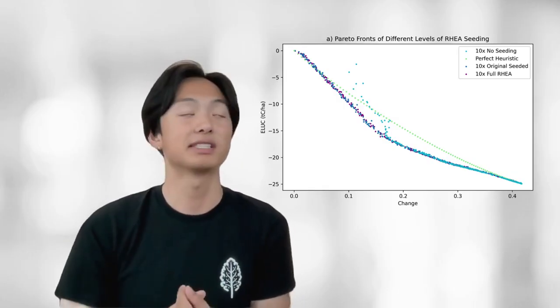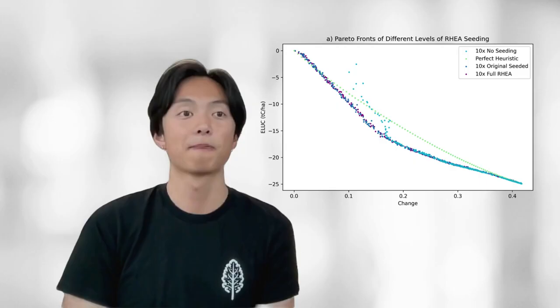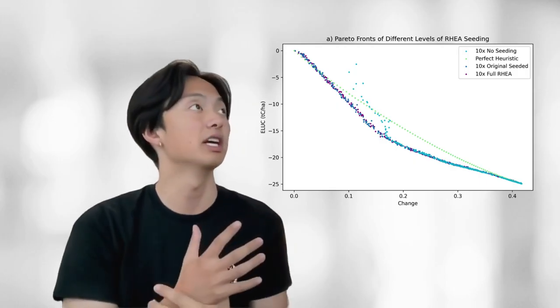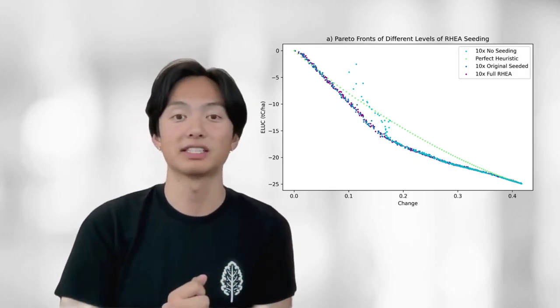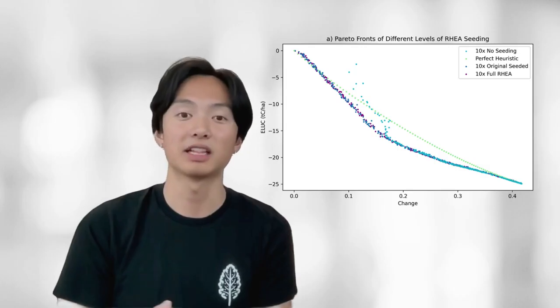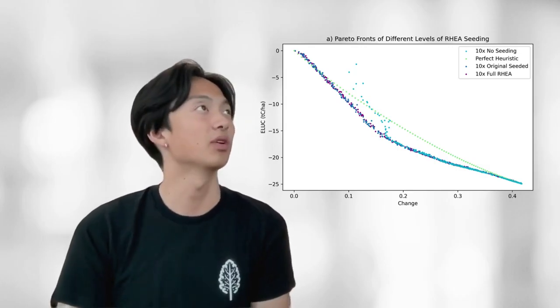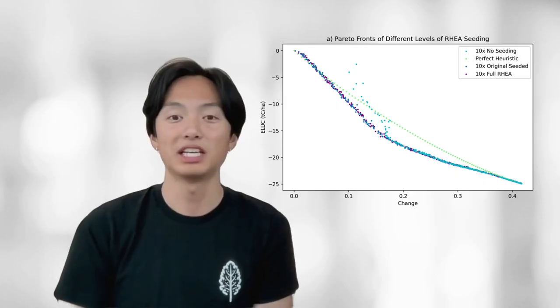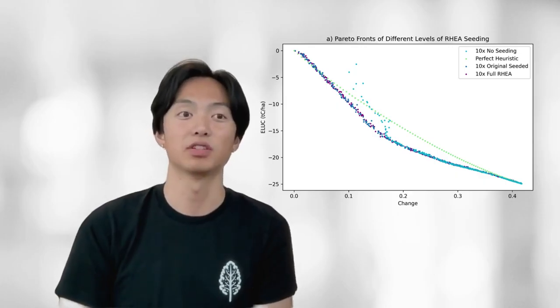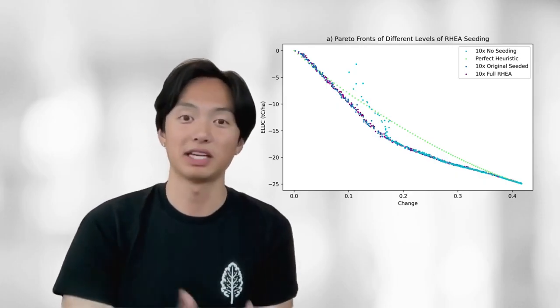And so what that does is, first off, we get better results. We can see here on this Pareto front, the top left corner that says make less change but absorb less. We couldn't really find that without seeding, but when we seeded it with this human policy, evolution was able to do better. So first off, yeah, it does better.